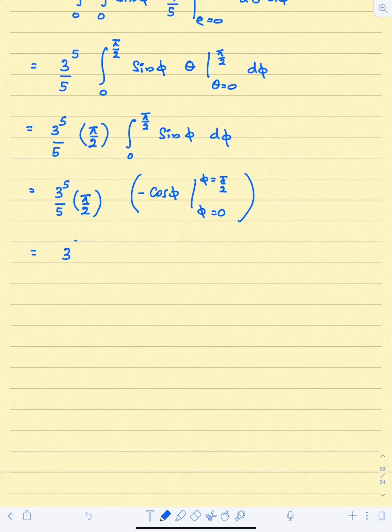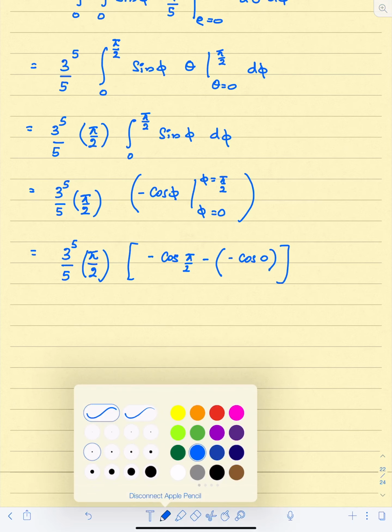Now we have 3 to the power 5 over 5 times pi over 2, times minus cosine pi over 2 minus cosine 0.